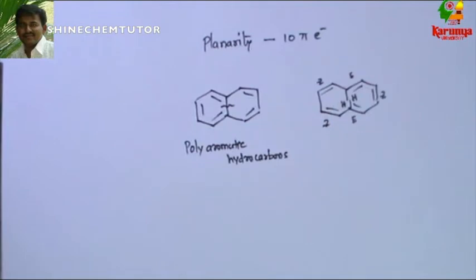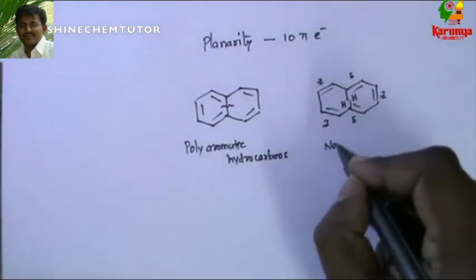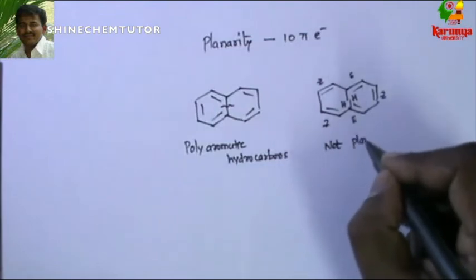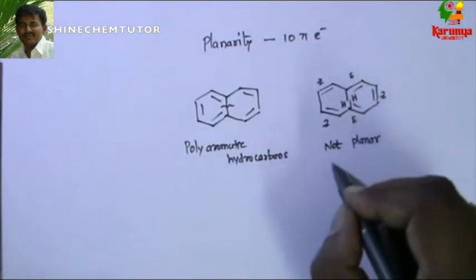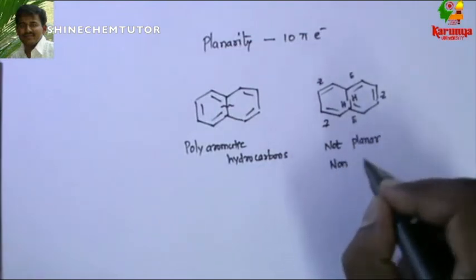Because of that, there will be steric repulsion between the two hydrogen atoms, and the planarity is lost. Because of that reason, it is not planar. So it is non-aromatic.